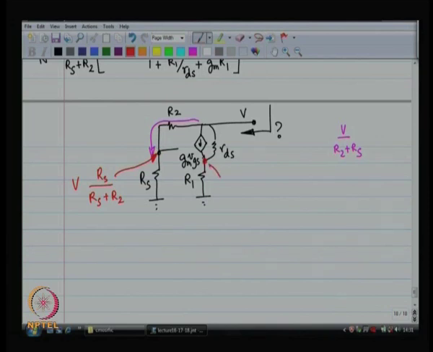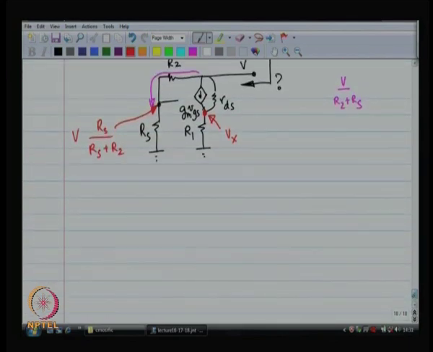All right. Then what is going to happen to this particular node? Let us say that this node has a voltage Vx, right. I do not exactly know what is the value of Vx. So, let me write the Kirchhoff's node equation for that particular node Vx.